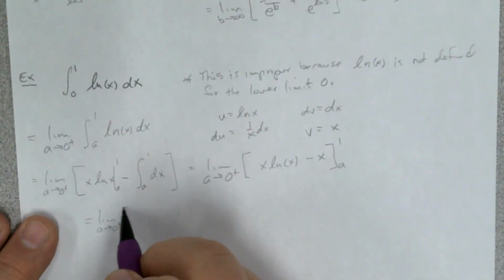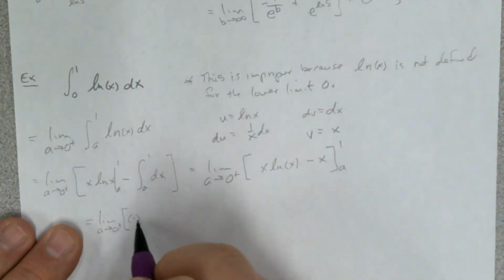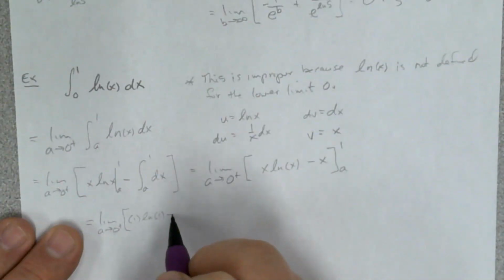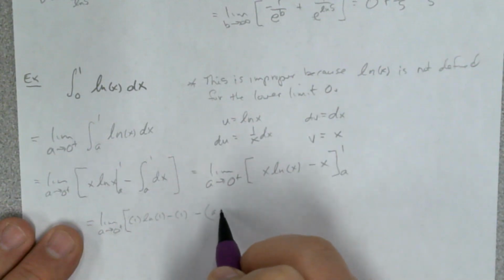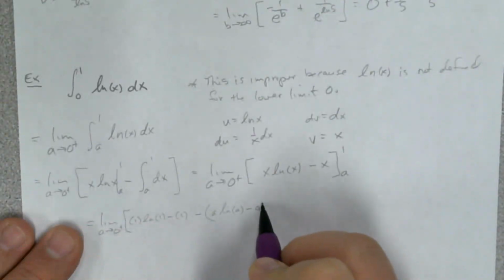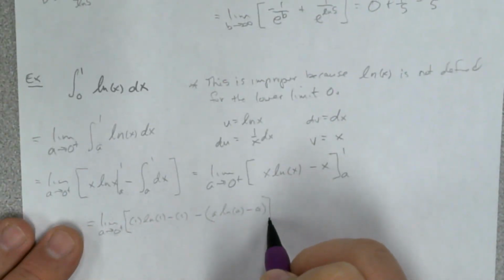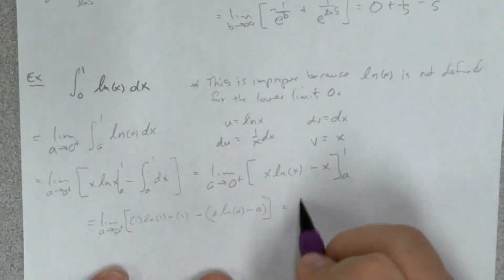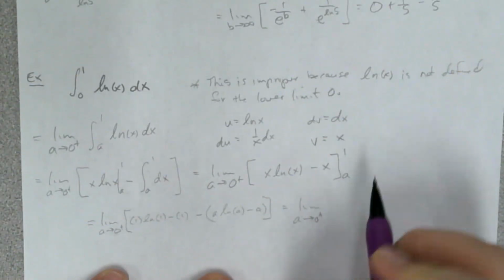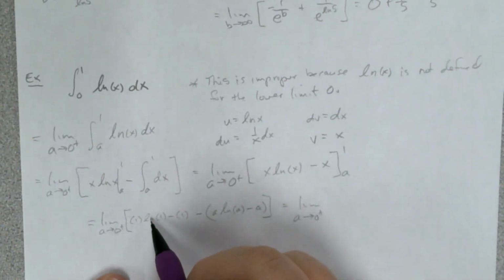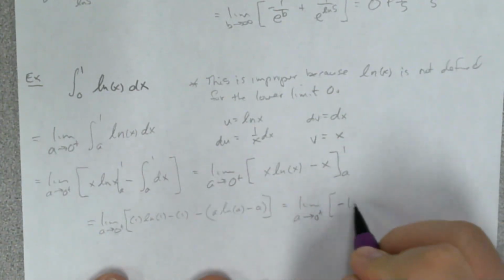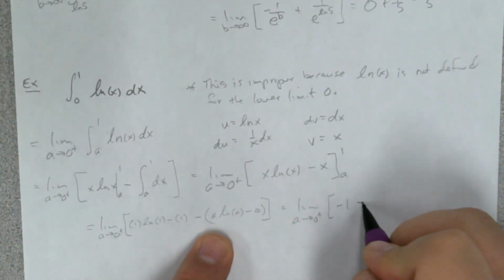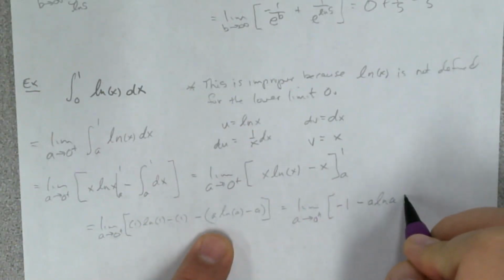So this is going to be the upper minus the lower, as a goes to 0 plus. The natural log of 1 is 0, so this part is 0. We have a minus 1 here. Over here we're going to have a minus a natural log of a, and then we'll have a plus a.